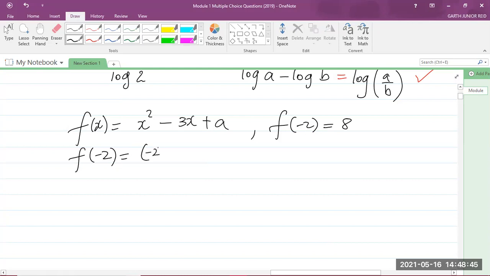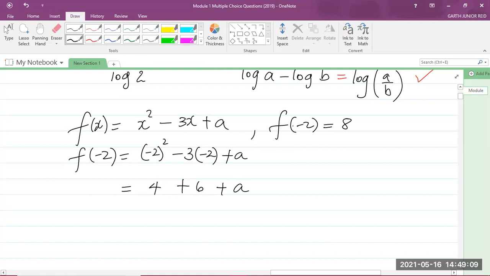You will get negative 2 squared minus 3 times negative 2 plus a. And that is equal to negative 2 squared, that is a positive 4. When you square any negative number, that is always a positive number, all right? And a negative 3 multiplied by a negative 2 will give us a positive 6 plus a.